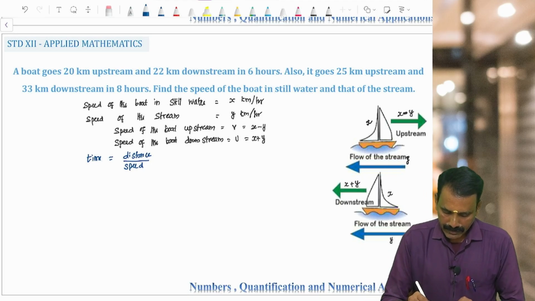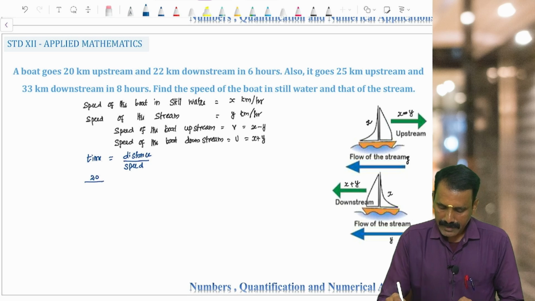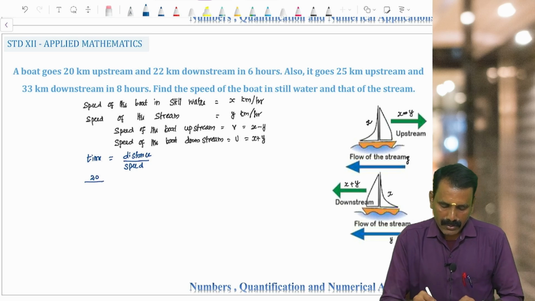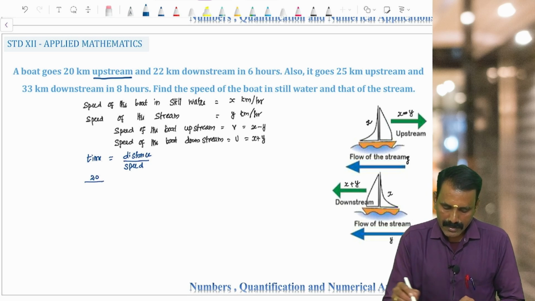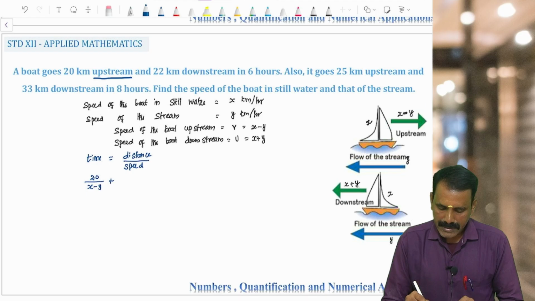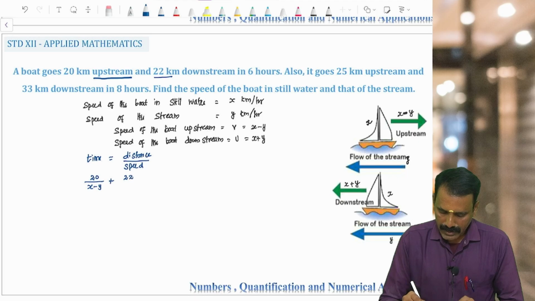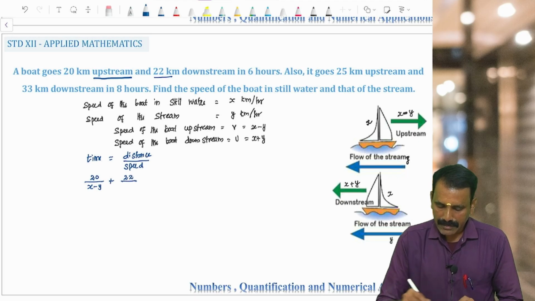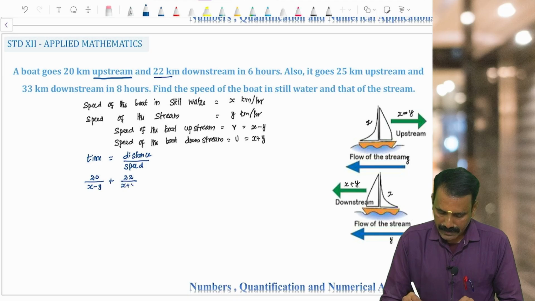So we take 20 divided by x minus y for 20 km upstream, plus downstream, it is 22 km. 22 km divided by x plus y, and it is going to be 6.